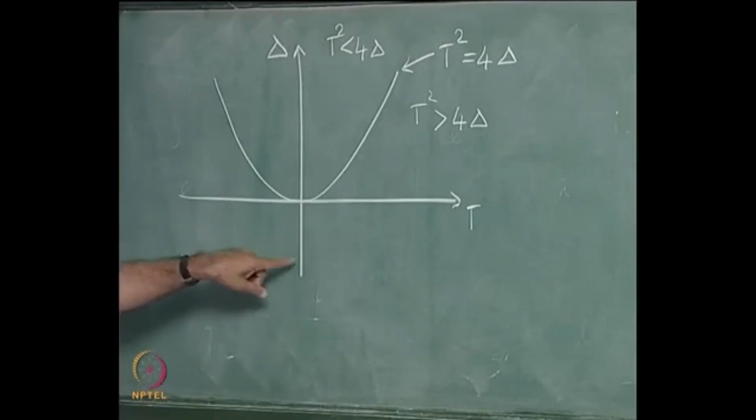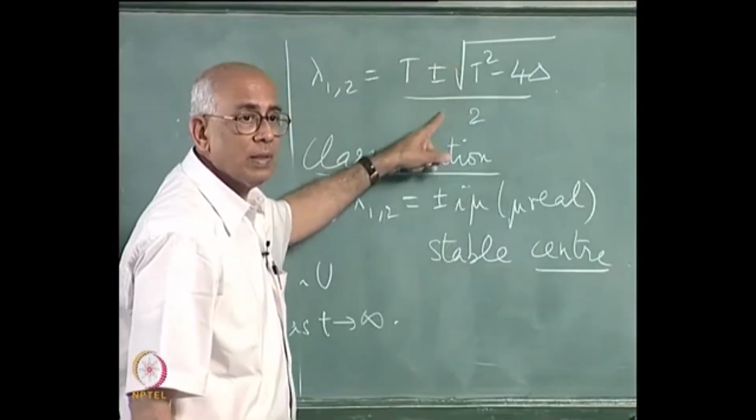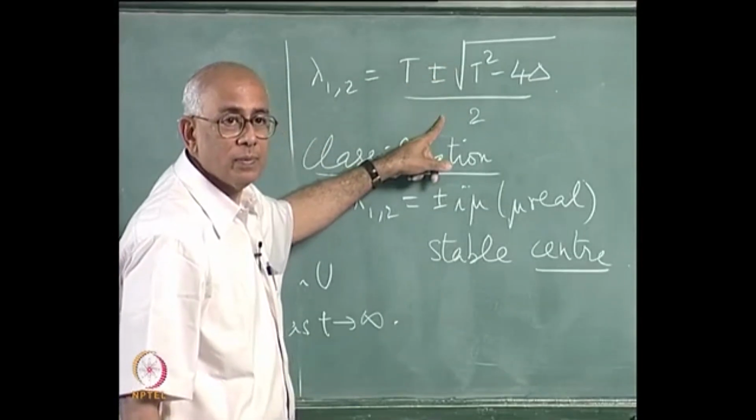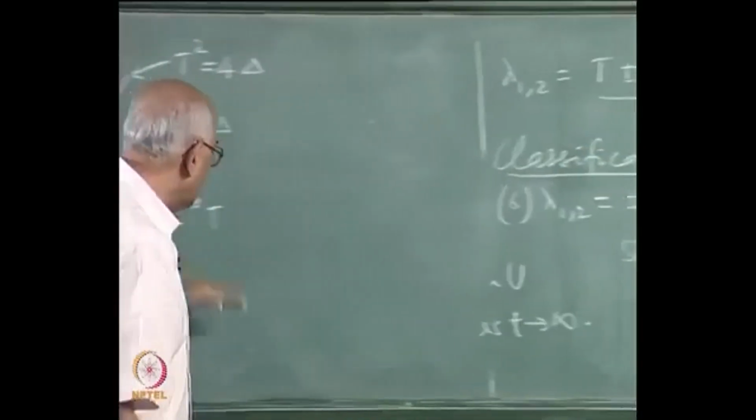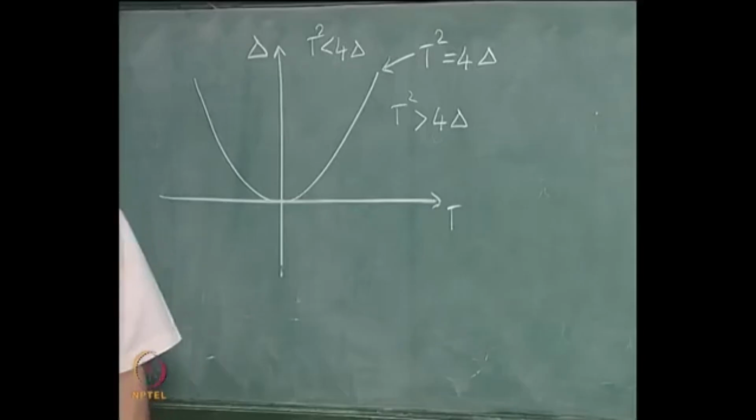What sort of behavior do you have here where delta is negative? If delta is negative, the square root of this number is certainly bigger than T in magnitude, and therefore one eigenvalue is positive and the other eigenvalue is negative. Therefore below this axis you have entirely saddle points, one positive eigenvalue, another negative eigenvalue.